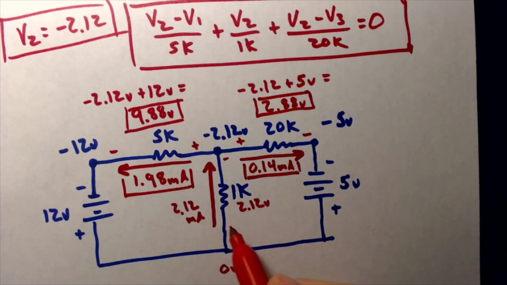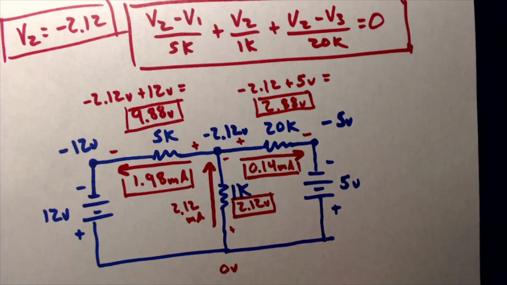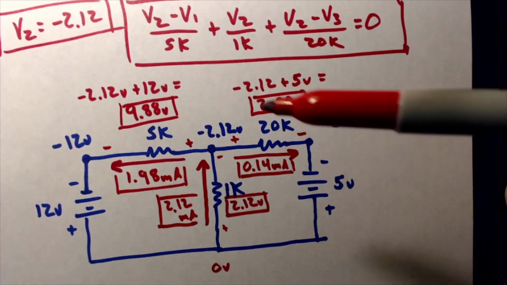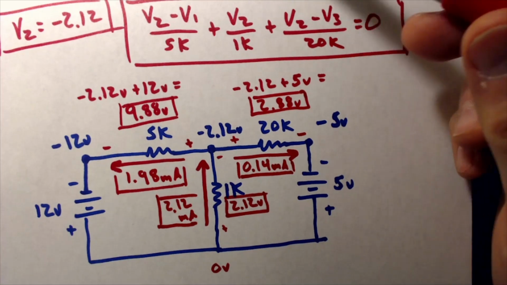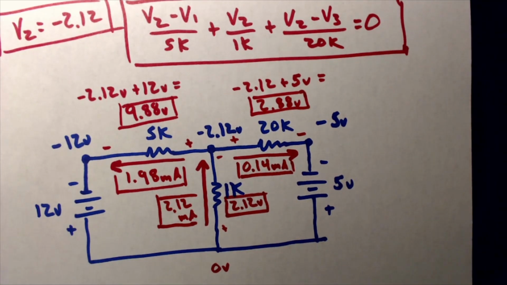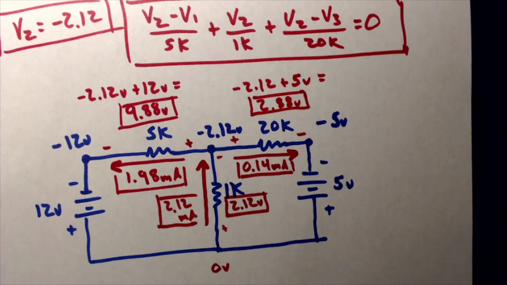And for the 1K, 2.12 volts, and there was our current. So even though we picked our ground to be in a different spot than what was truly 0 volts, we still arrive at the same answers, right?